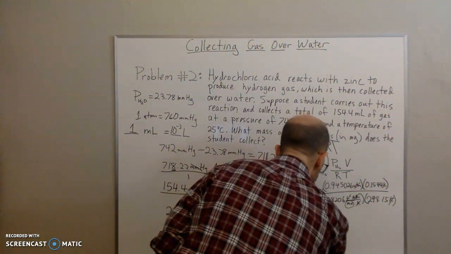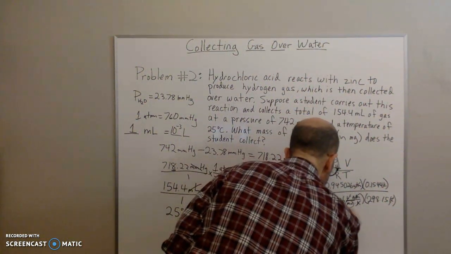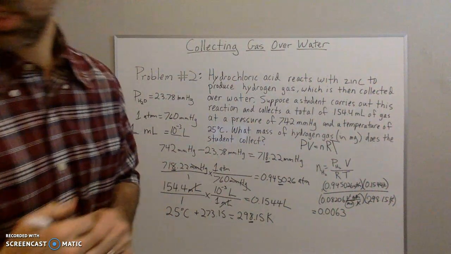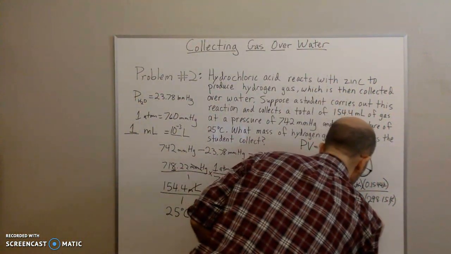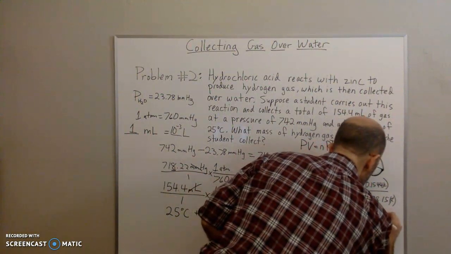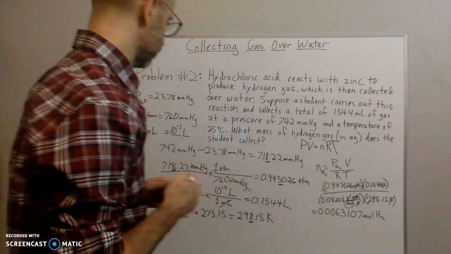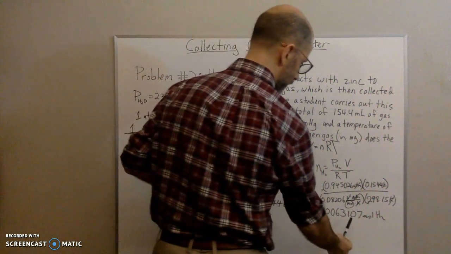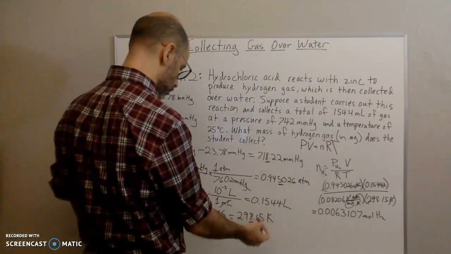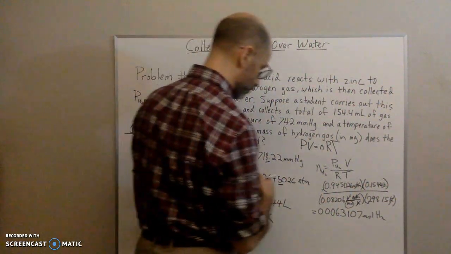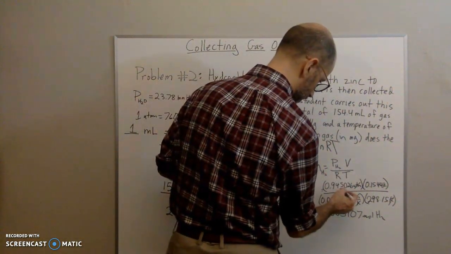0.0063107 moles of hydrogen. So now I have moles of hydrogen. Let's look at our sig figs. Again, for the moles, 5, my significance ends at the 5.